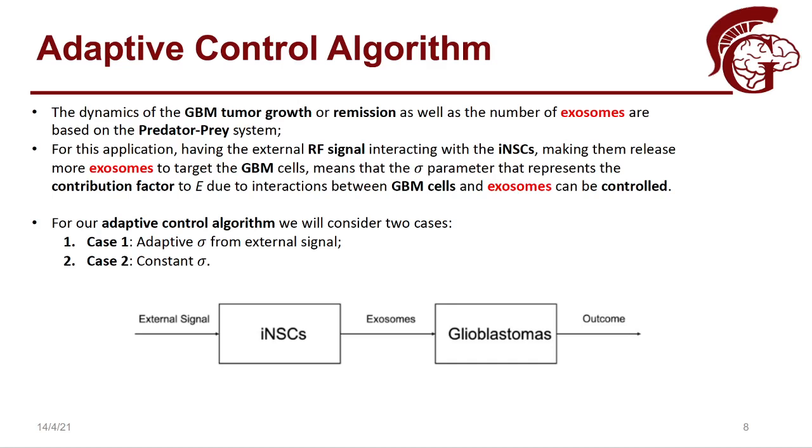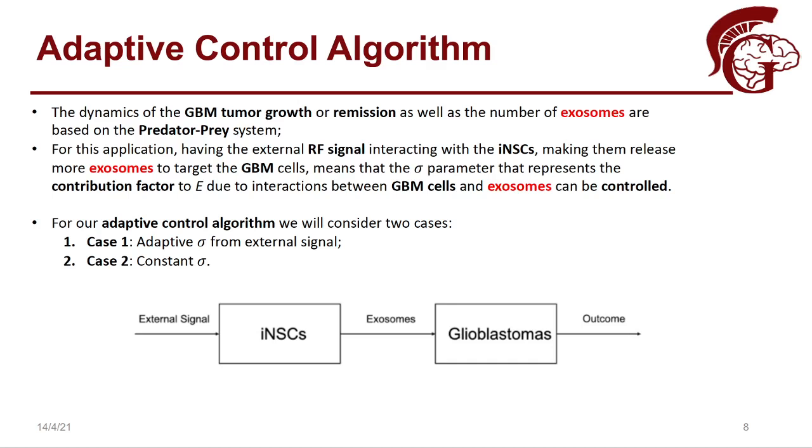So that means that we can control the sigma parameter that represents the contribution factor due to the interactions between the GBM cells and the exosomes. And that also means that we can control the concentration of exosomes by controlling this input.